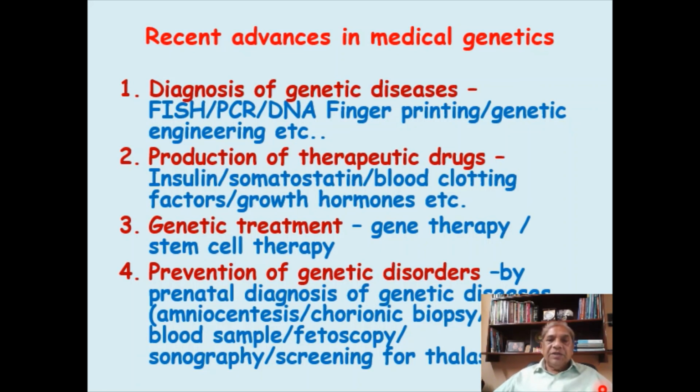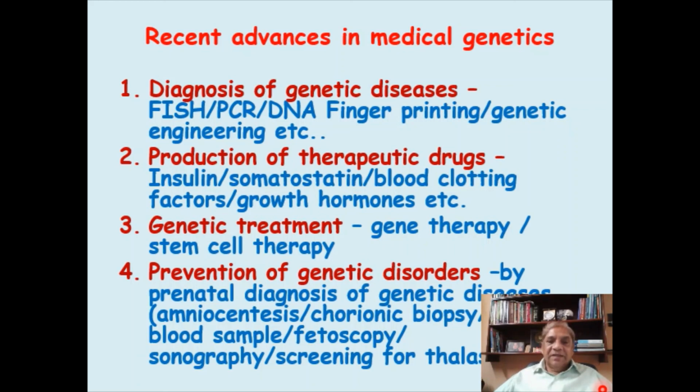You can take the blood sample also from the fetus, and the fetoscope is an instrument by which you can know about the fetus. Sonography, yes, it is very important nowadays. When I was a student, there was no sonographic instrument. We were forced to take the X-ray for detection of abnormality in the skeleton.